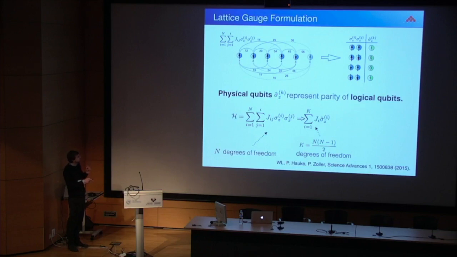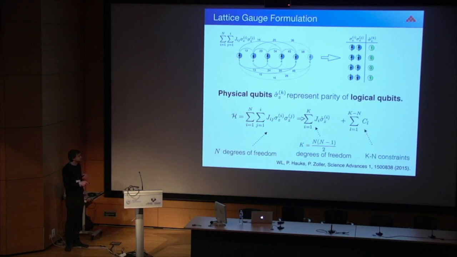If the Jij is, say, a positive number, it wants to point them downwards. So this means the interaction becomes something like a local field. Now, if we do this translation and count the number of degrees of freedom, it turns out that there is a mismatch. So here we have n degrees of freedom, while here we have n times (n minus 1)/2 degrees of freedom, because we have here really the number of connections that are the spins now.